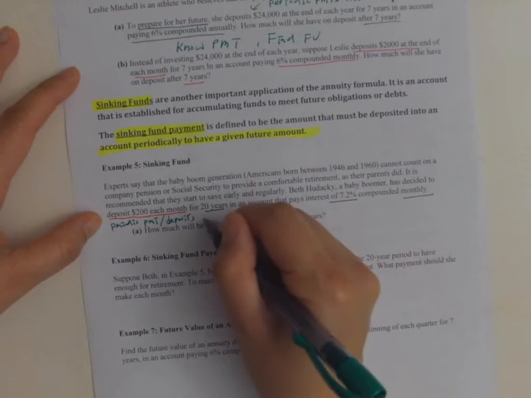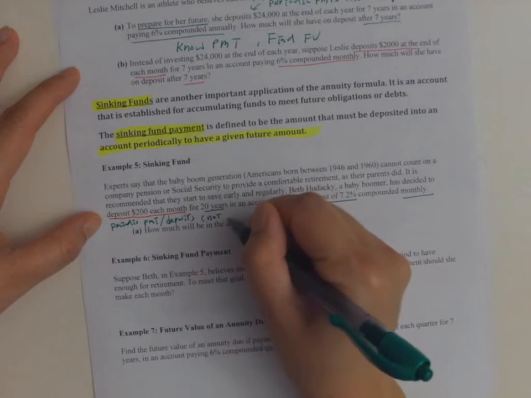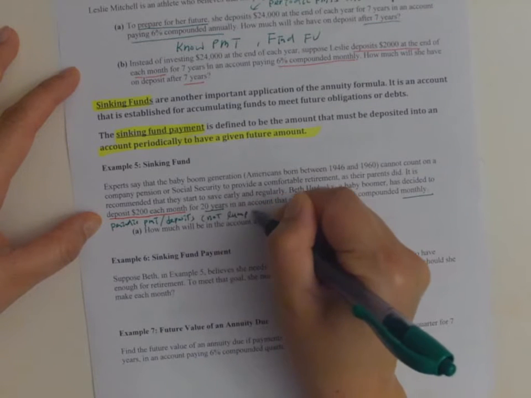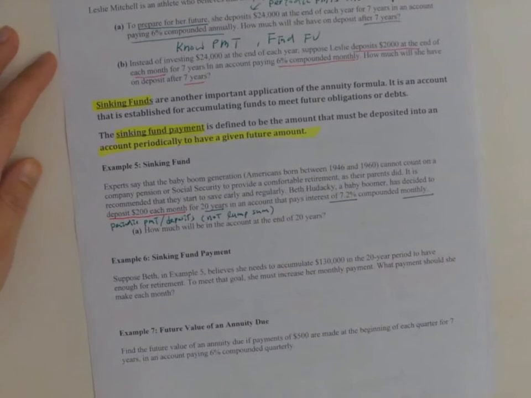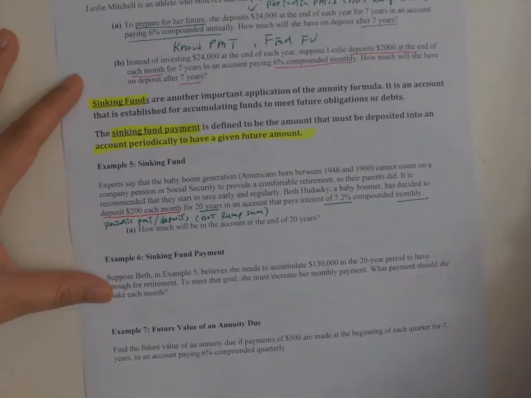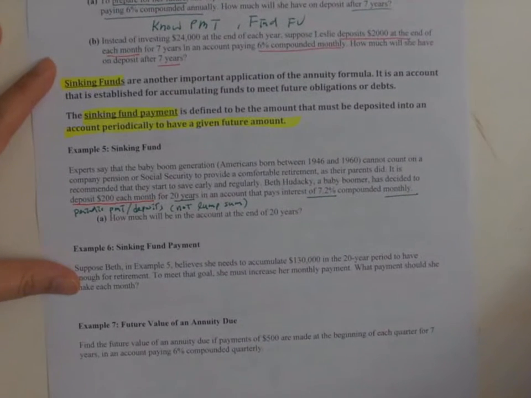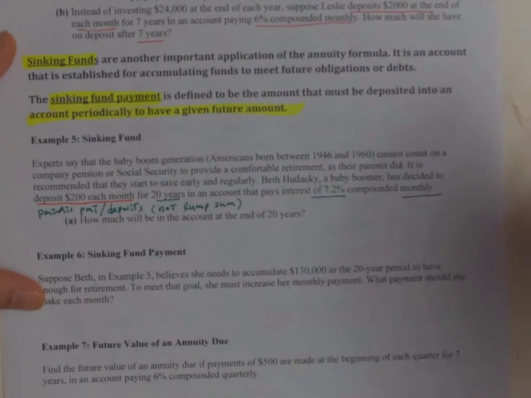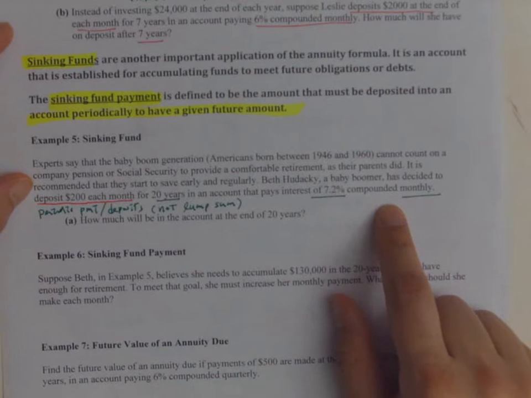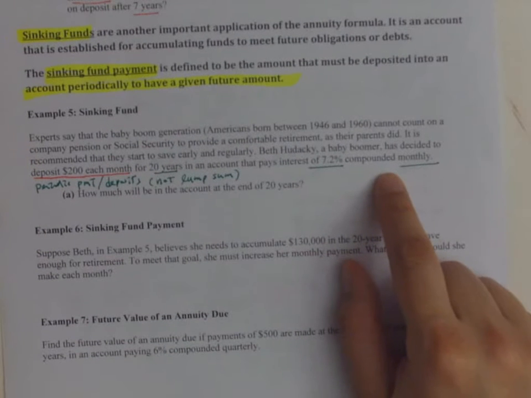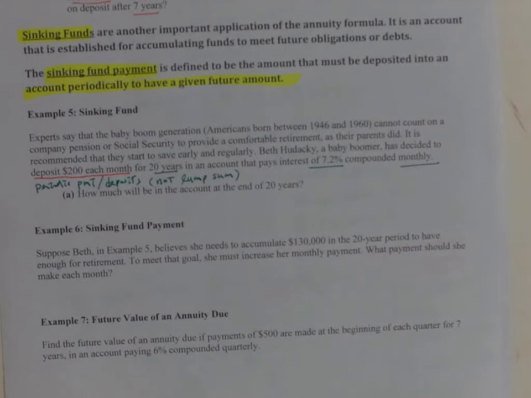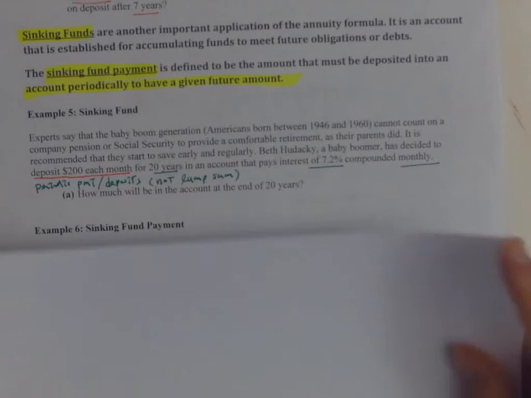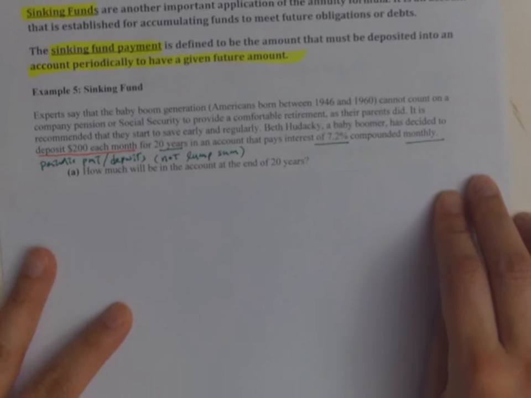Because this is not a lump sum of money, it's not going to be simple interest or compound interest. Even though it's compounded monthly, because of the periodic payment, we will use the formula that we have for this chapter.